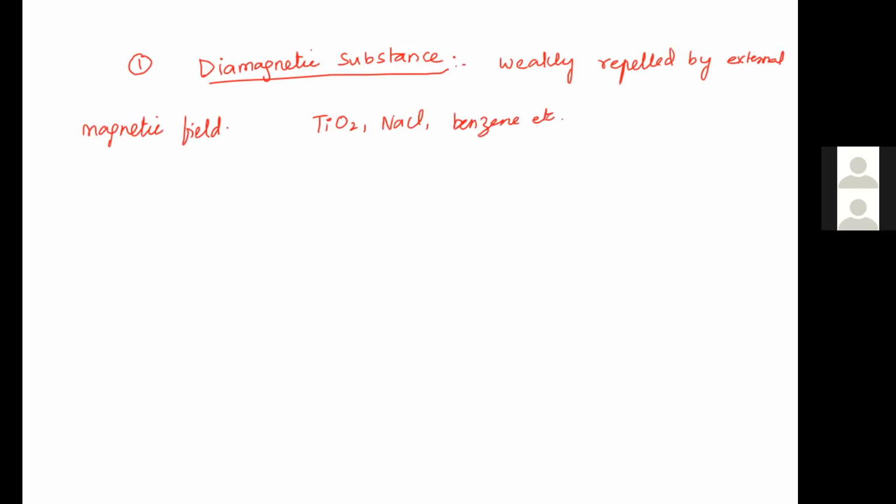You know, diamagnetic substances have all the electrons paired. These are important things that you have to write under this.